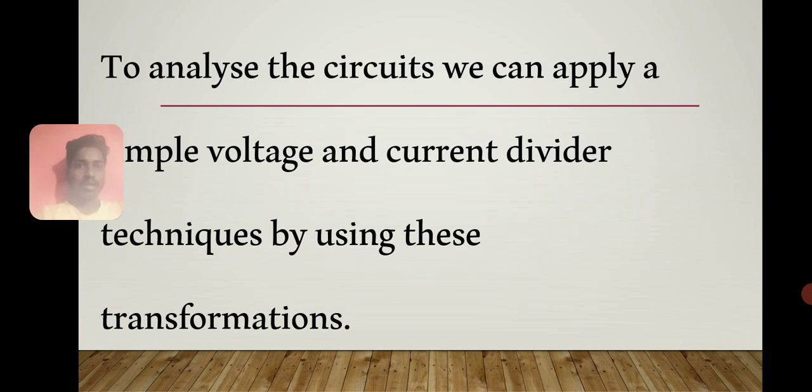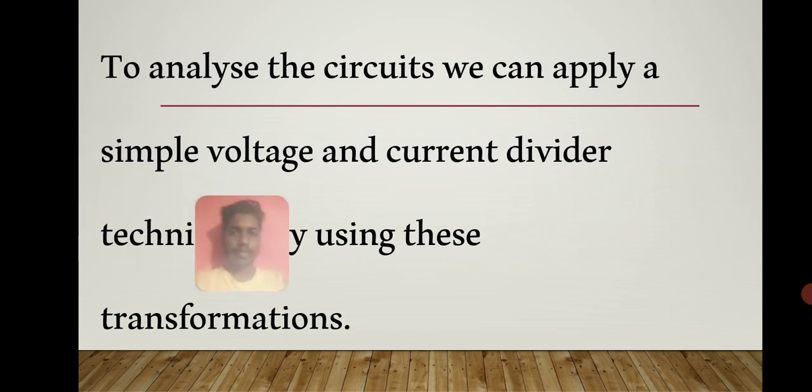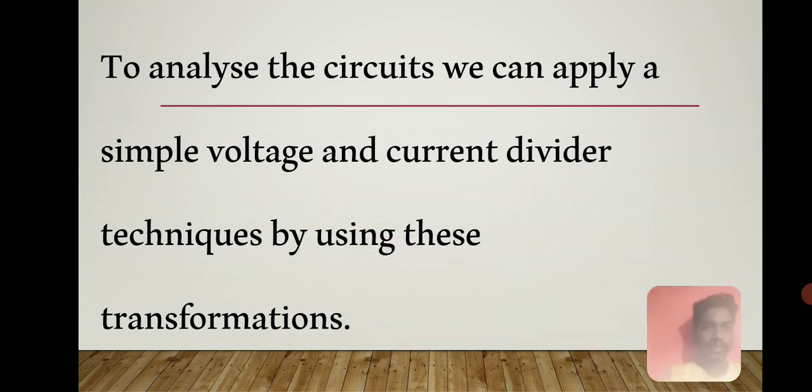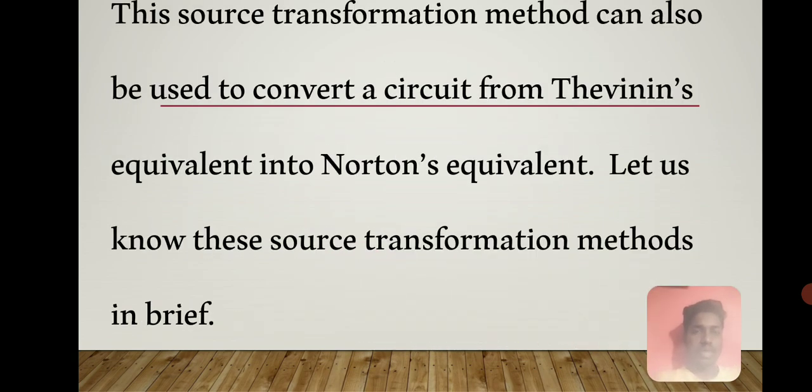To analyze the circuits, we can apply simple voltage and current divider techniques by using these transformations. This source transformation method can also be used to convert a circuit from Thevenin's equivalent into Norton's equivalent. Let us know the source transformation methods in brief.